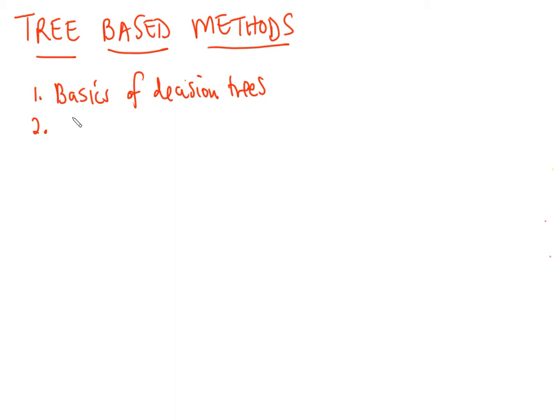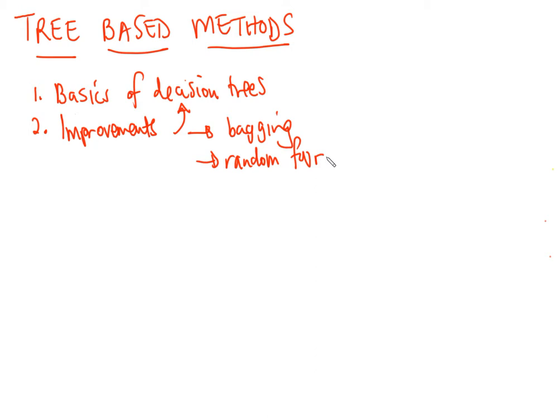We're going to look at improvements on these basic decision trees, so things like bagging, random forests, and boosting.